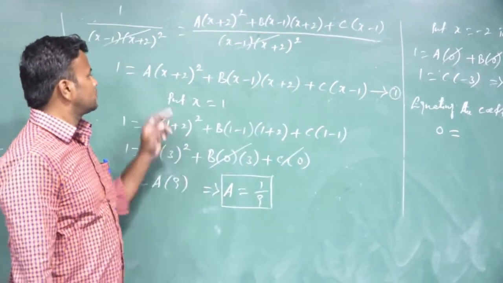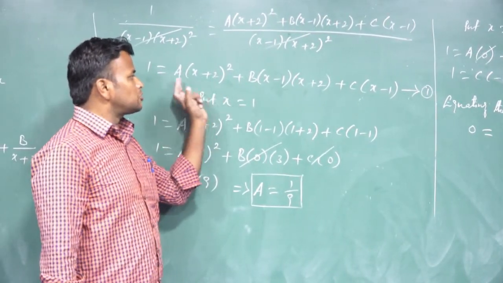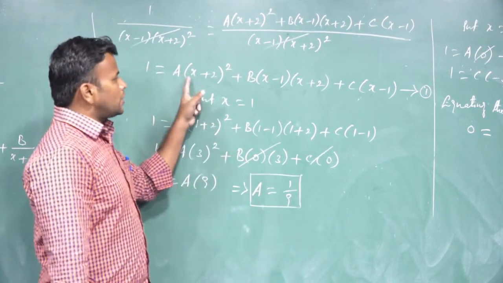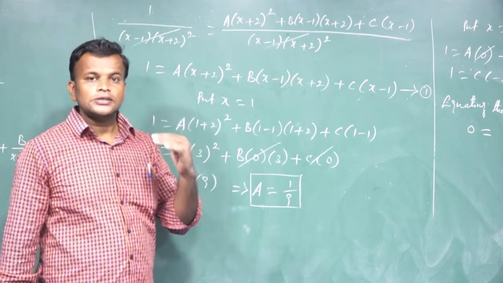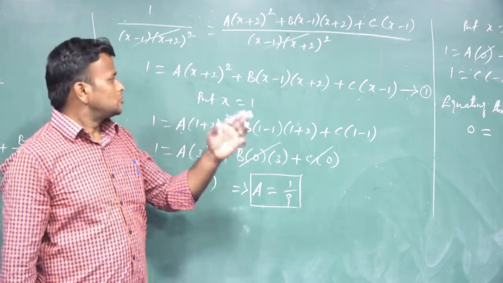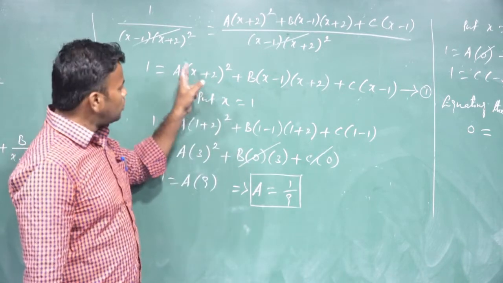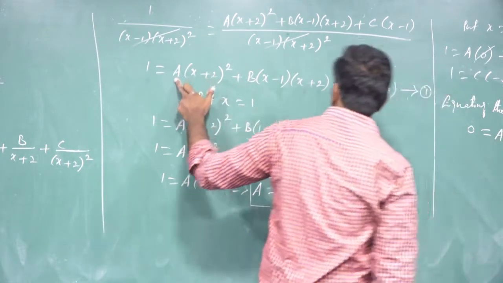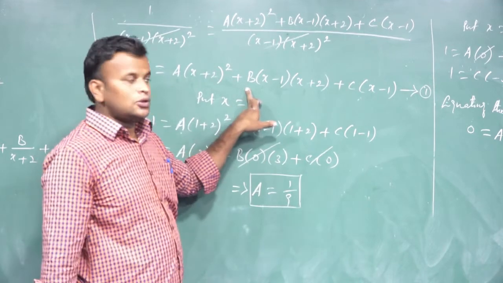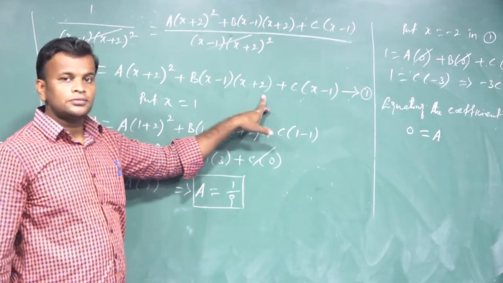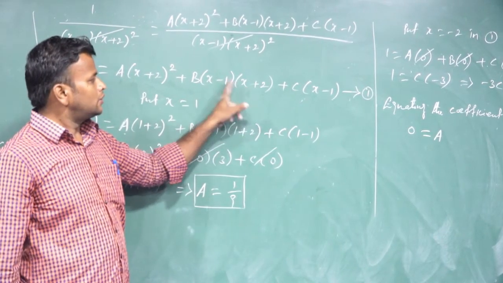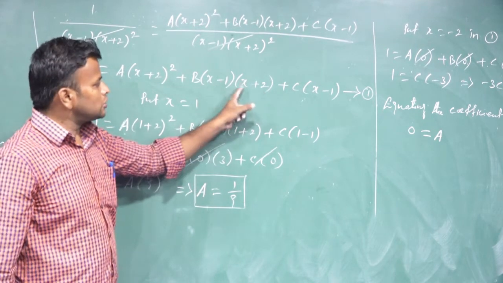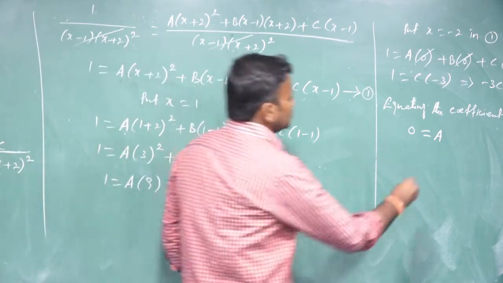In RHS, first of all we expand x plus 2 the whole square, we get x square plus 4x plus 4, okay? a square plus 2ab plus b square. So one x square term is there. What is the coefficient of x square? It is a, so I write a. Next, here also, first of all we multiply the factors. We get x square plus 2x minus 2. So the coefficient of x square is just b, plus b.